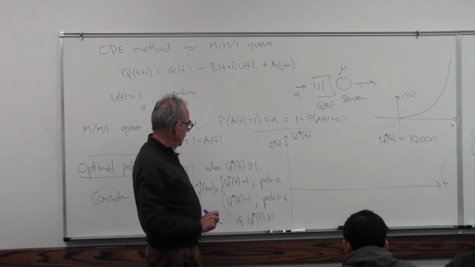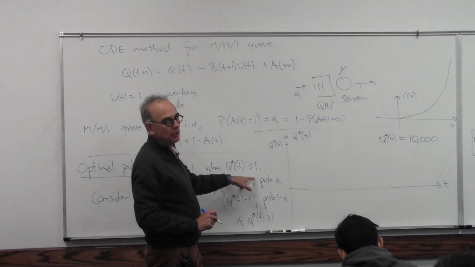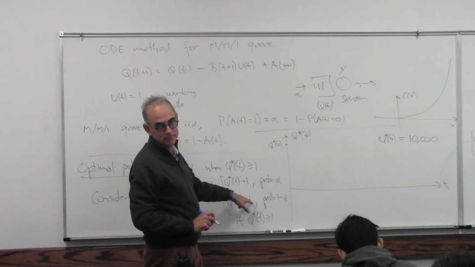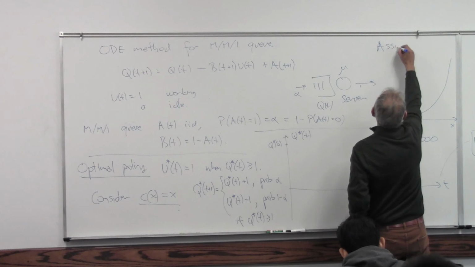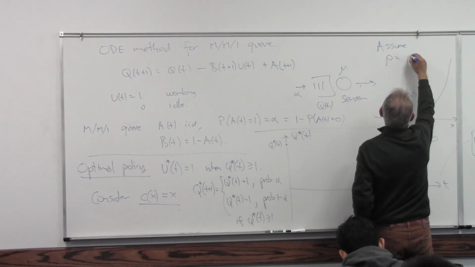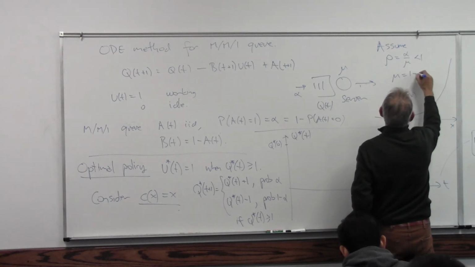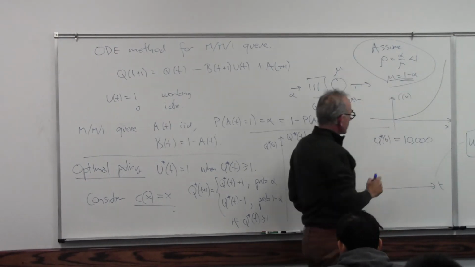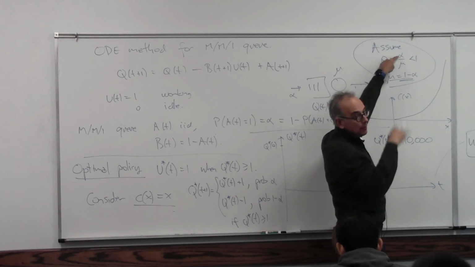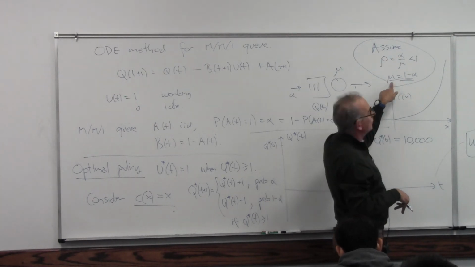I'd like the probability of going up to be smaller than the probability of going down. So let's make that assumption. Alpha is the probability of going up. 1 minus alpha is the probability of going down, and typically they denote this mu.